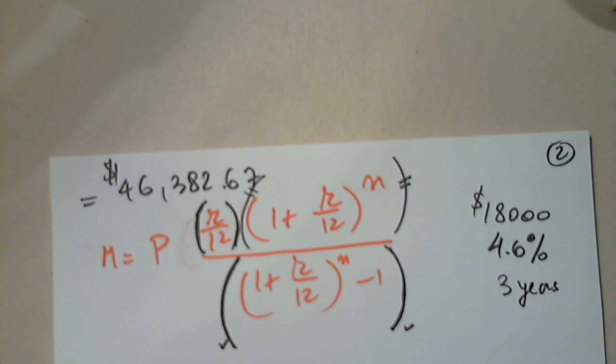What is the monthly payment? Because we have to pay the money back now, right? So we take a loan of 18,000 at this interest rate and for 3 years, and we have to pay it back. How much do we pay back per month? That's the question. So this is the monthly payment.